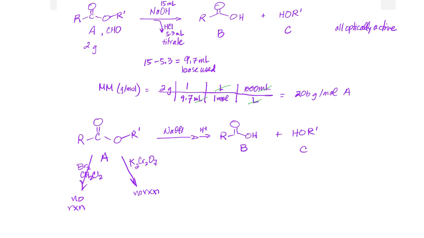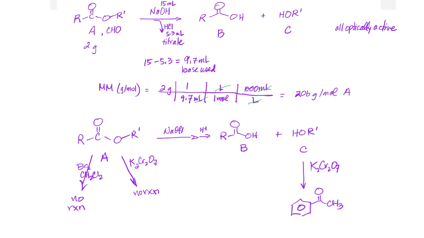On the other side, we found that this material oxidized with K2Cr2O7, so potassium dichromate again, oxidized to acetophenone.